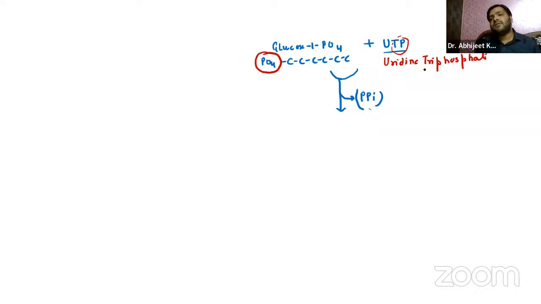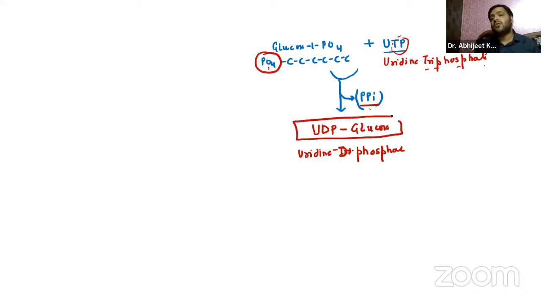What will happen if one phosphate comes out? So what will it become? UDP, uridine diphosphate. And you already know this glucose was having a phosphate. Now this phosphate is also removed. Two phosphates are removed, so only glucose is left. So what will be the product? UDP glucose.